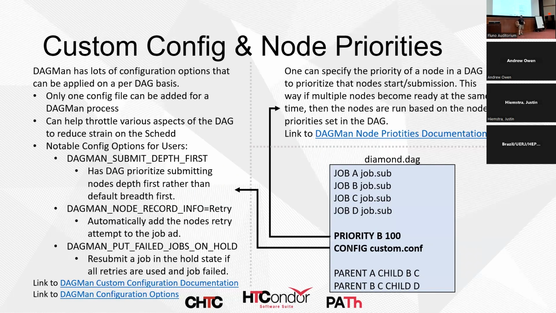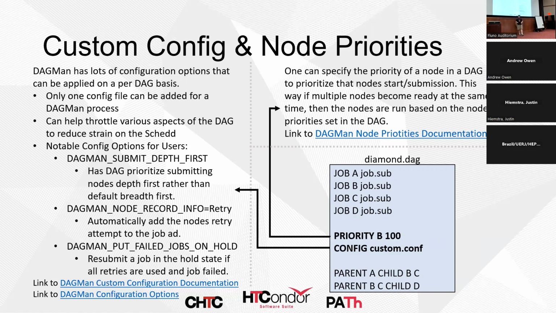Another quick point, since I'm technically out of time, you can do custom configuration and add priorities for nodes. Custom configuration is nice because it's per DAGMan process. There's a couple of highlighted configuration knobs that I have put. If you want your DAG to submit depth first as opposed to the normal breadth first for some reason, we can do that.